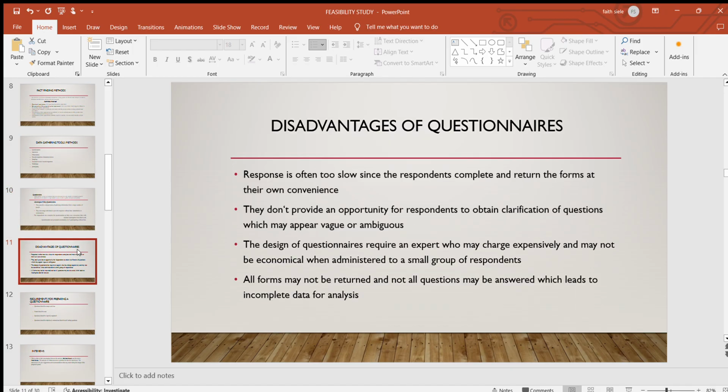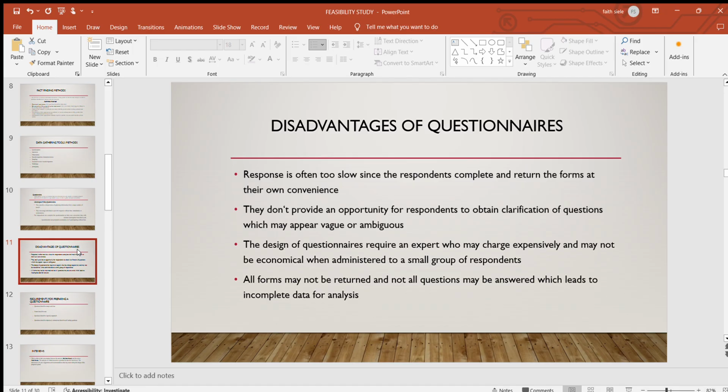So what are some of the disadvantages of questionnaires? Number one, the response is often too slow since the respondents complete and return the forms at their own convenience.